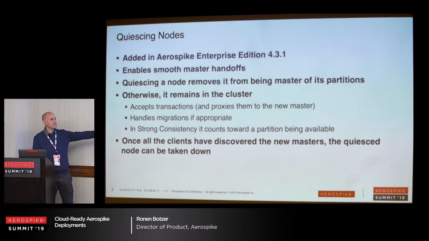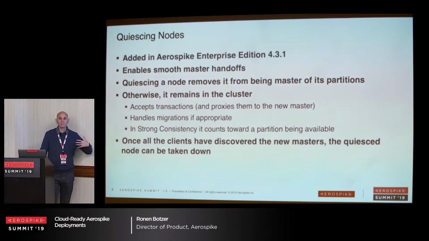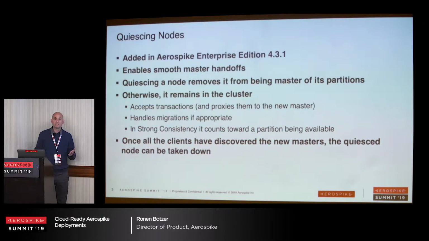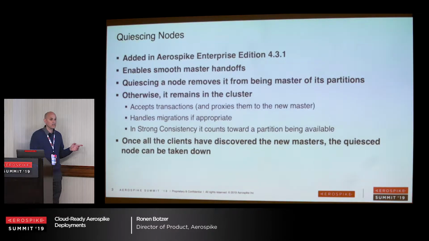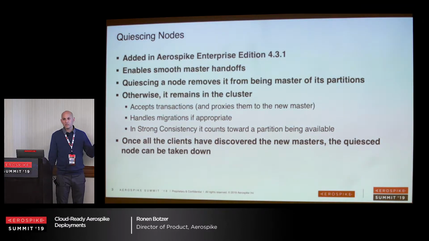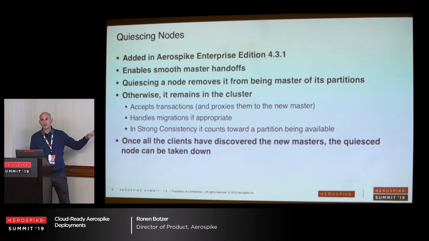In strong consistency, it also counts towards that partition being available, because the decision of whether a partition is available or not has to do with how many nodes are still in the roster. There's a complex algorithm around it, and there's actually a talk later on at 10:55 that goes into rack-aware with strong consistency mode.